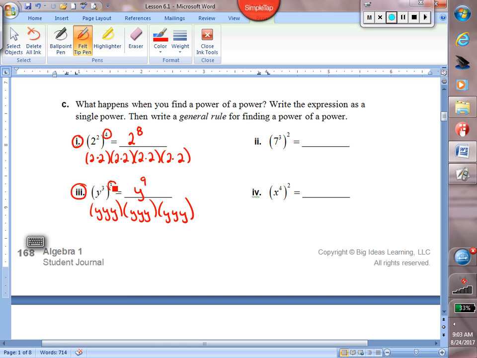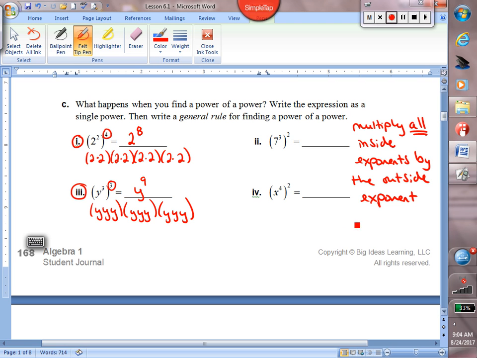So when you have a power, a base with an exponent inside the parentheses, and an exponent outside the parentheses, multiply all inside exponents by the outside exponent. And we're going to see this in an example.